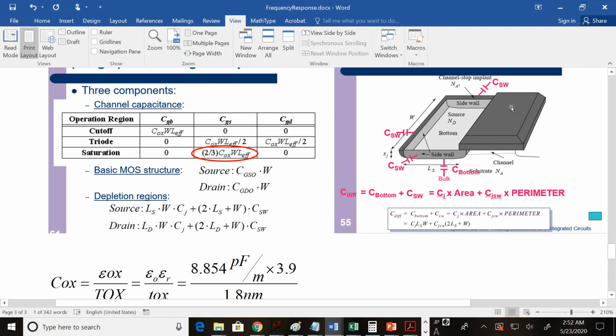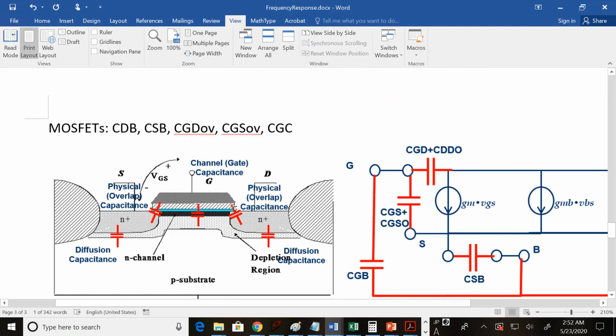If you're on the gate, you see these overlap capacitances too, but I'm getting my words messed up here. If somebody asks you for the capacitance on the gate, you look at what capacitances are connected directly to the gate and you add those up.